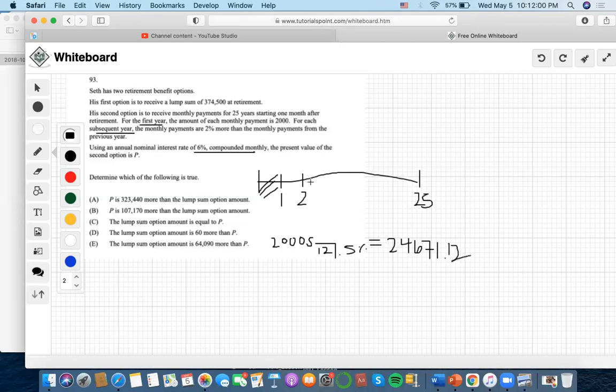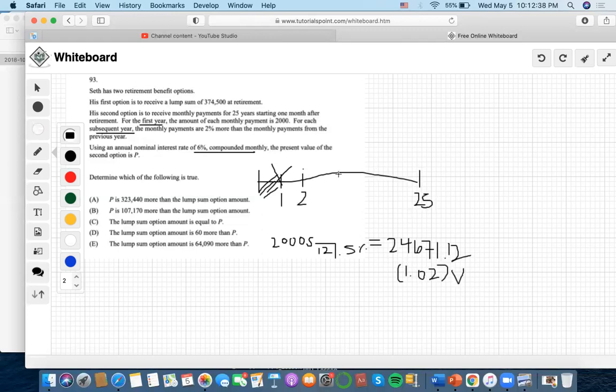Okay. Now for each year, monthly payments are 2% more than the monthly payments from the previous year. So we know that at time 2, building off from the accumulation of time 1, it would consist of this amount times the growth rate of 2%. Another thing is that we would have to discount it back to the comparison date at time 1, which would be v.